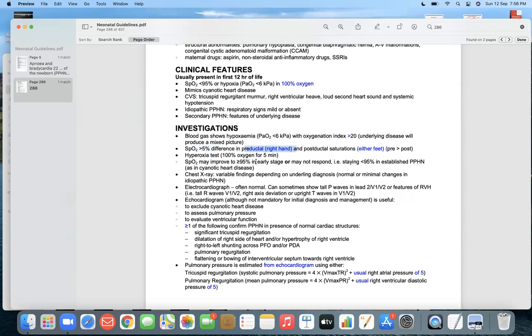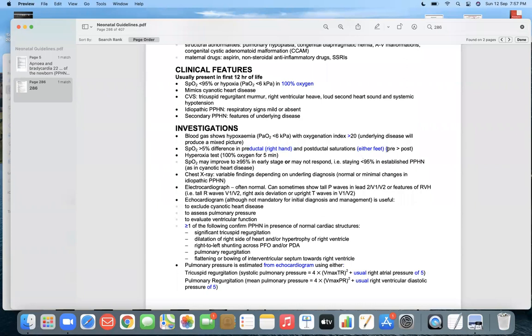So SpO2 more than 5% difference in preductal and postductal. Hyperoxia test: 100% oxygen for 5 minutes. SpO2 may improve to more than 95% in the early stage or may not respond. One more thing: in the bracket you can see pre more than post. Maybe in PPHN they have pre more than post. Normally, the lower limb is more than the upper limb, right?